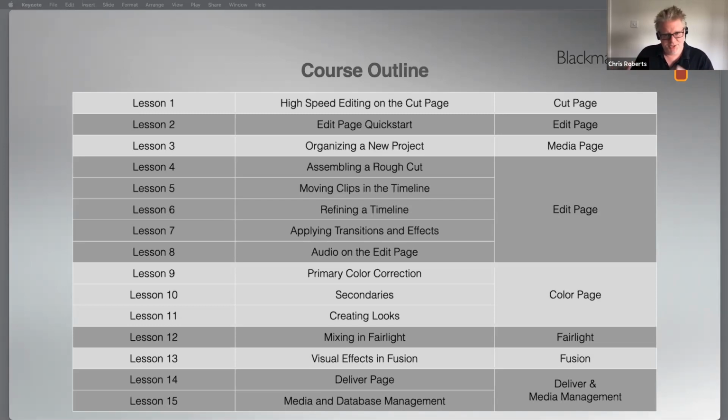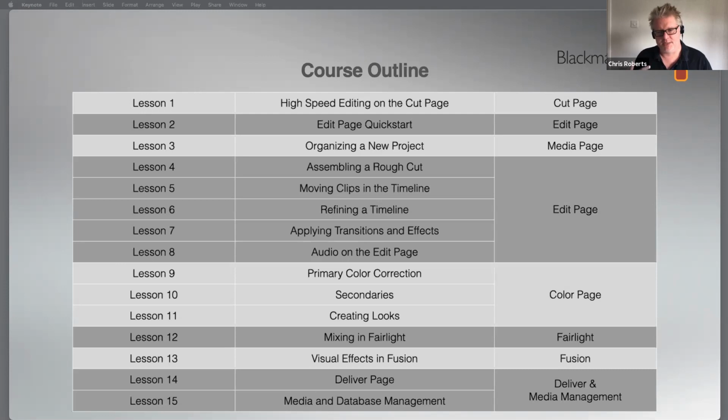What we then traditionally did in the previous classes is we then took that a step further and started to work in Fairlight. Well, as you can see, there's actually been a little bit of a change in terms of the overall structure of the class from lesson 9 onwards, because you can see that we've actually got the color section in there.